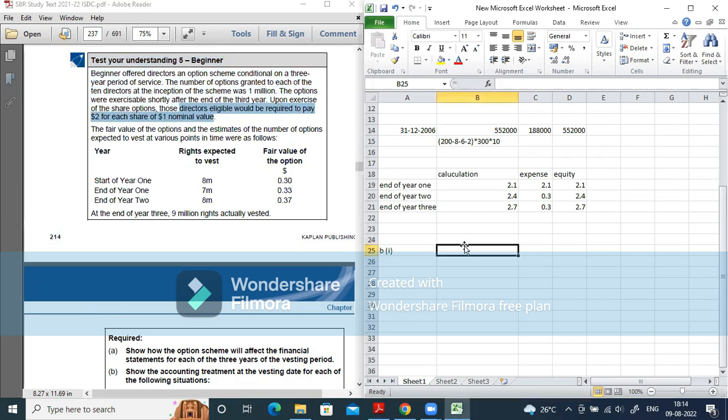So the company will receive cash of 9 million into 2, total 18 million. Is that clear, participants?